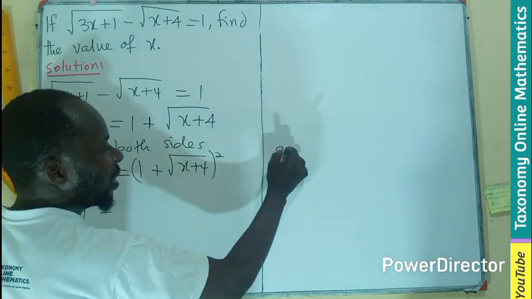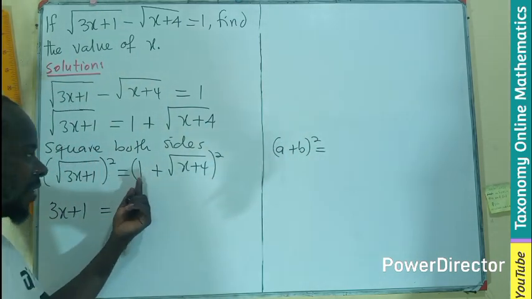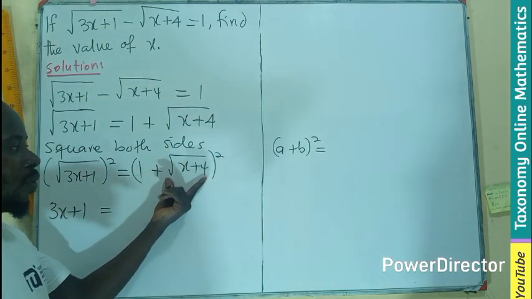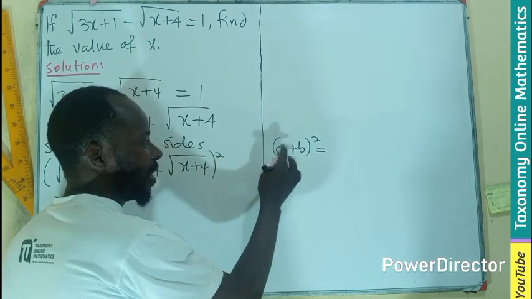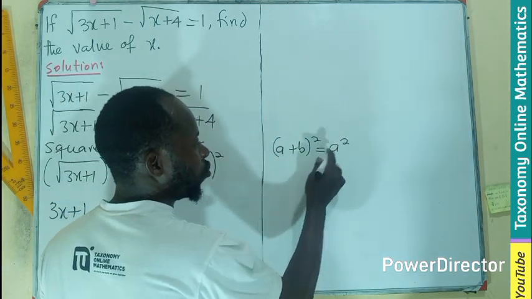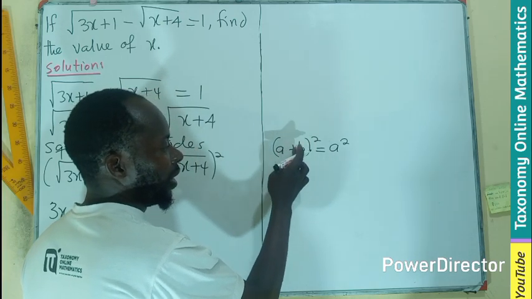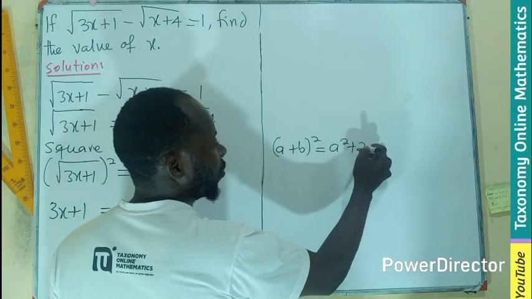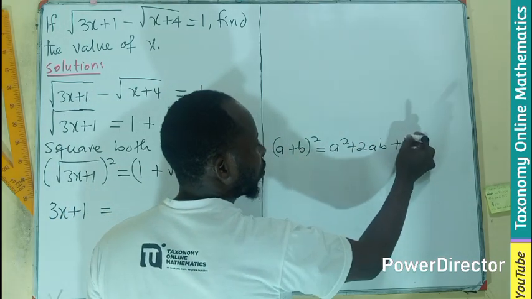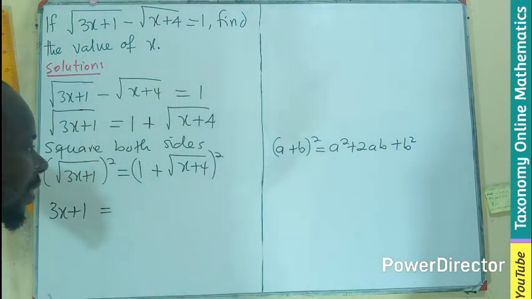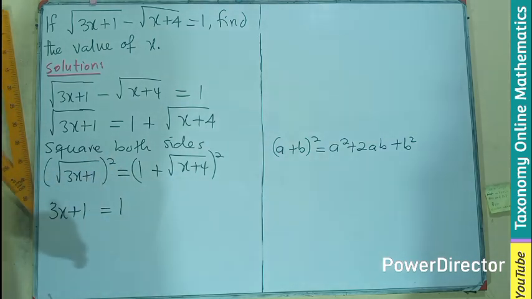So if I have a plus b all squared, this is the first term, which is the a, the whole of this is one term, which is the b. We square the first term, then twice their product, simply put, 2 times a times b, that gives us 2ab. Then I square the last one as b squared. In the same vein, I am squaring the first term, which will still give you 1.